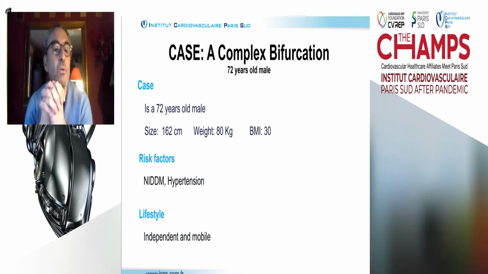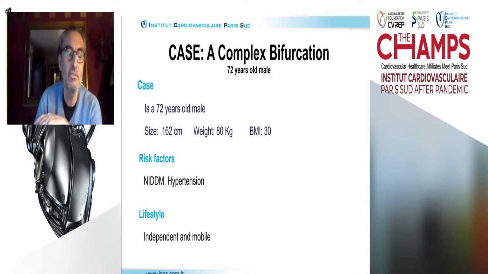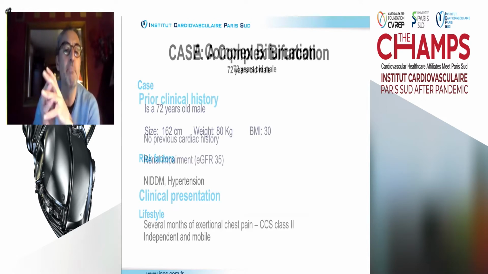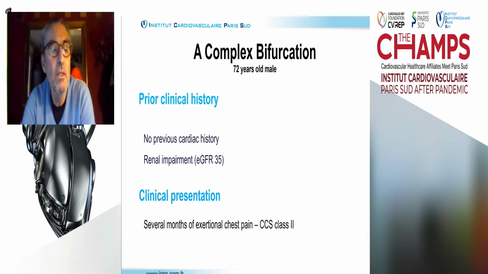So it was a male, 72 years old, a diabetic patient with hypertension, and his lifestyle was independent. For clinical history, he had no previous cardiac history and renal impairment, and he came to our institution for angina class 2.